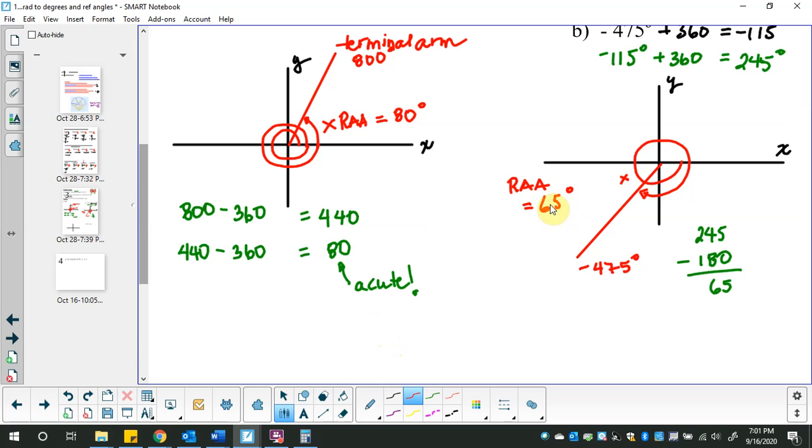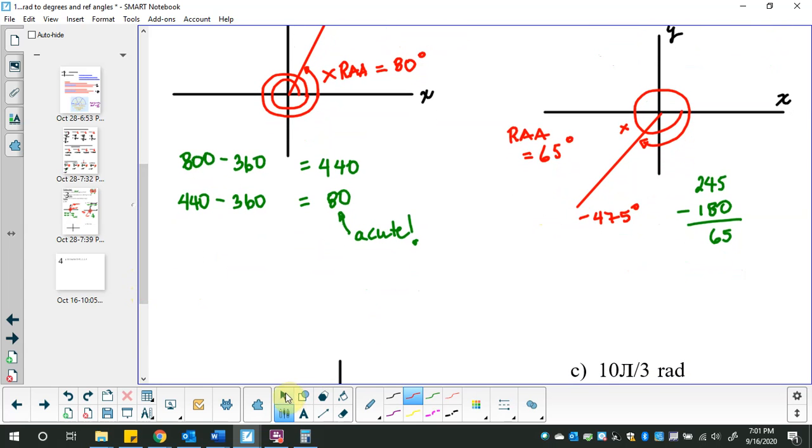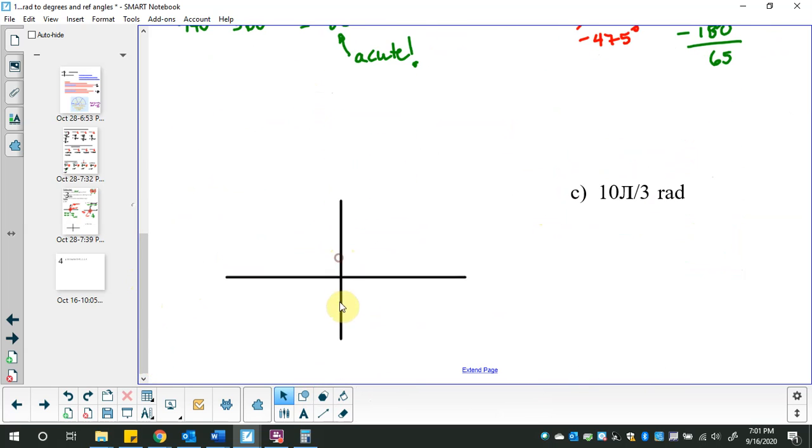That's an acute angle, positive between 0 and 90. Now the thing is, I do want to give you one more tiny definition.